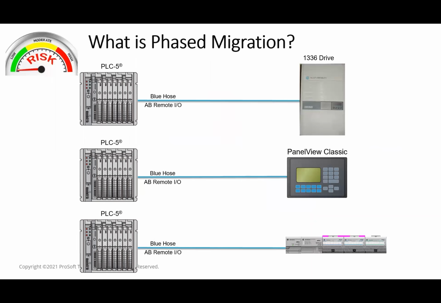What exactly is phased migration? This potential avenue of modernizing all the old water automation stuff that I'm going to describe here is called phased migration. Unlike a rip and replace, where you tear out and replace everything, a phased migration allows you to modernize in stages.